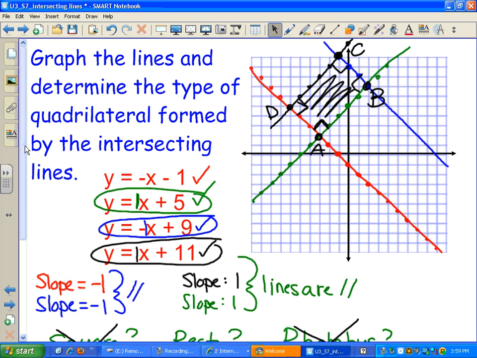Then you would find the distance of CB, and CB should not be the same as AB, because if it was the same, then we would have a square. So there's just one example of how we can take lines and determine what type of quadrilateral is formed by the intersection. Great job!